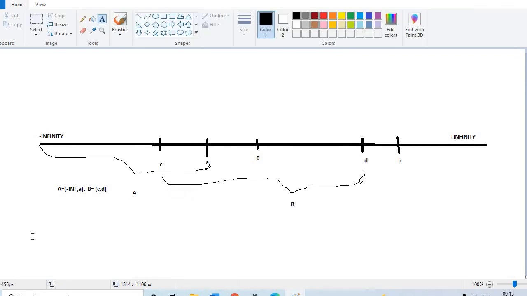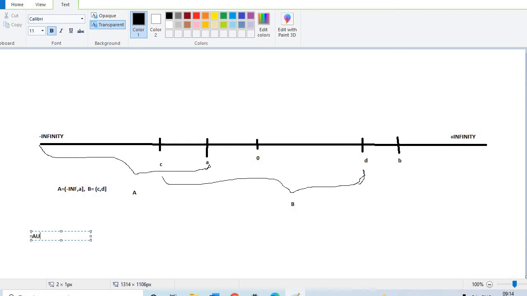What is A union B? A union B will be minus infinity to, ഈ രണ്ട് റീജിയൻ്റെ യൂണിയൻ D ആണ് A union B. So what is A intersection B?